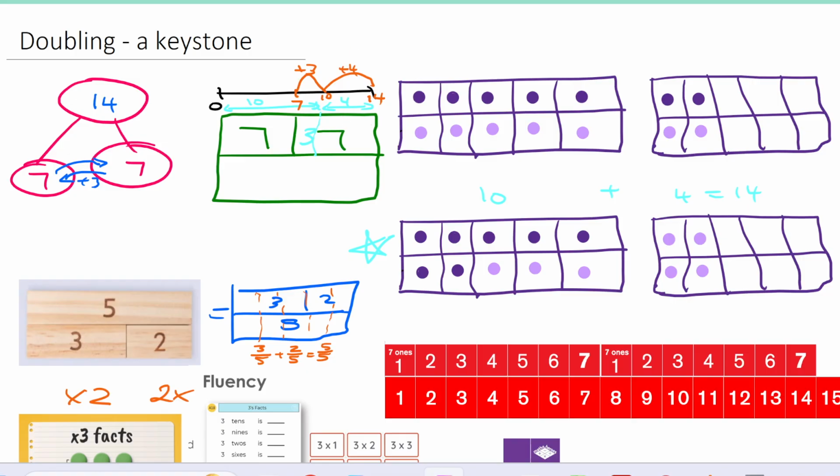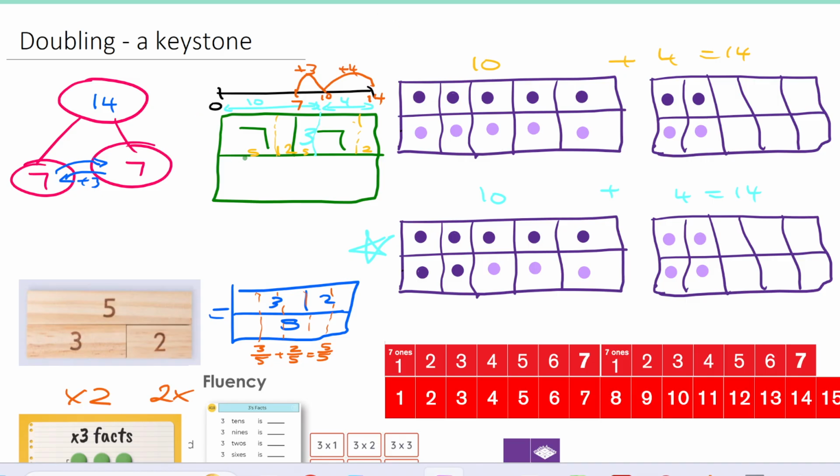You can also show them that within here, there's a 5 and a 2. I'll just do it down here so that you can see it a bit better. Not that I would draw it that way normally, but there's a lot on the picture at the moment. So there's the 2 5s and the 2 2s, which is that picture. So there I've got 10 plus 4 equals 14.